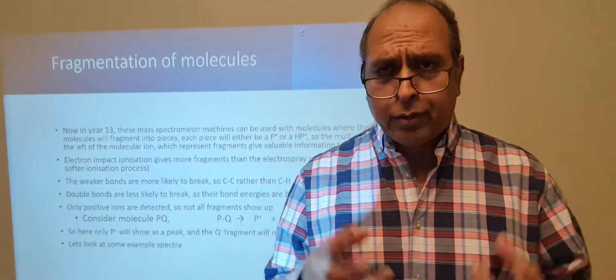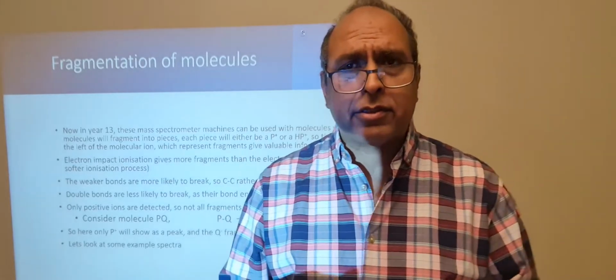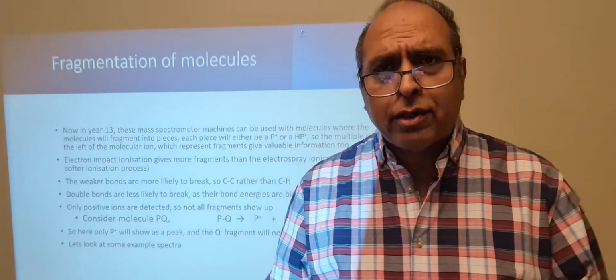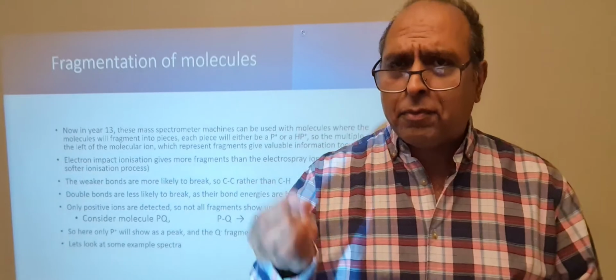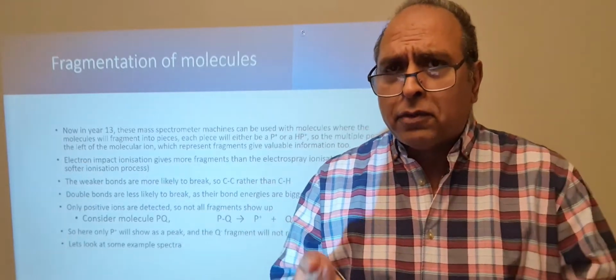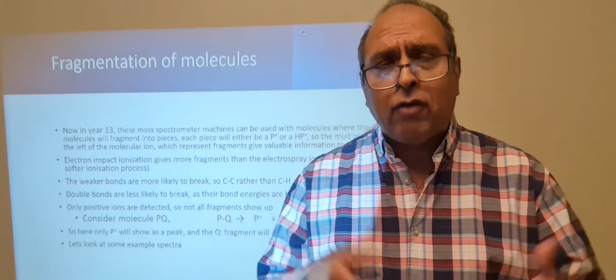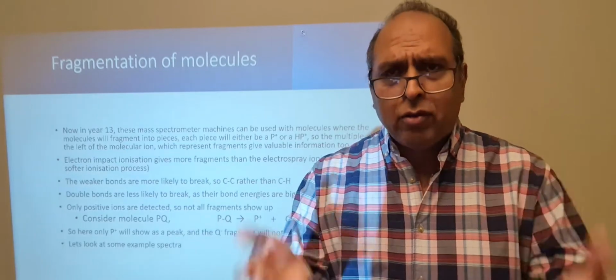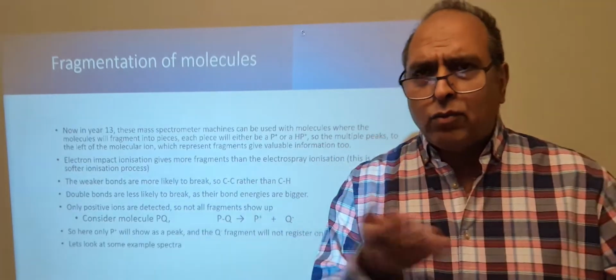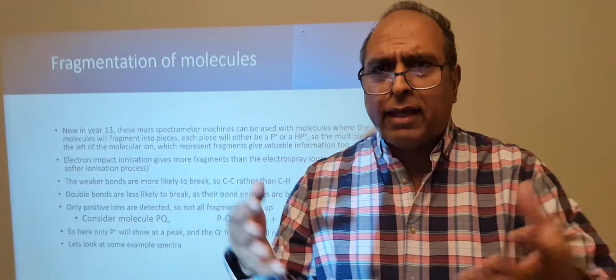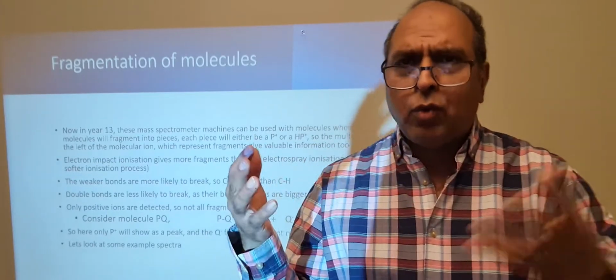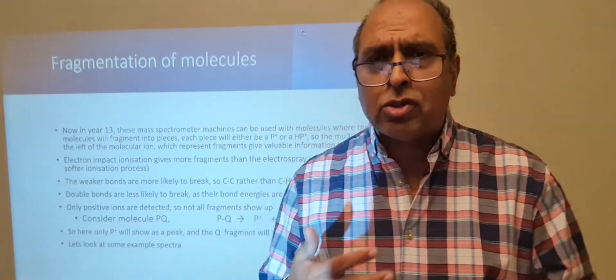So the extra thing we see is fragments. And the fragmentation is something that can cast great light on the structure of the unknown that we've got. If we know the fragments, then we can put the fragments together, a bit like a jigsaw, and work back to what the structure was overall.